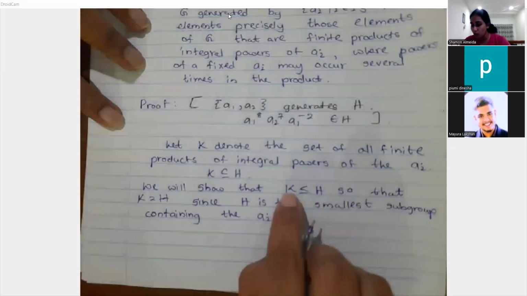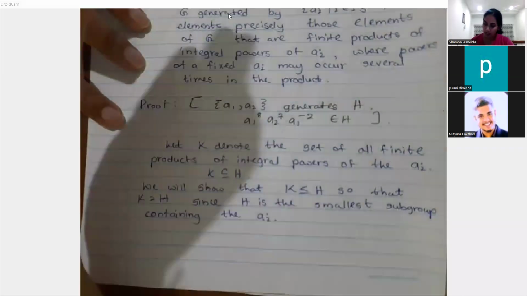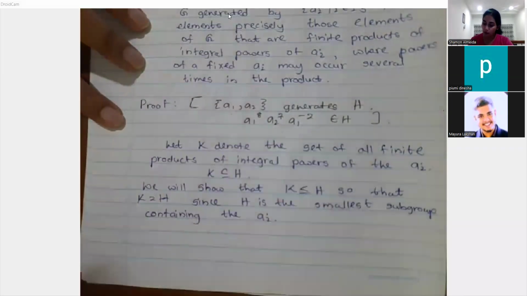And K is a subgroup containing these a_i. In that case, K must equal H, right? Now, but this is something that we have to prove.